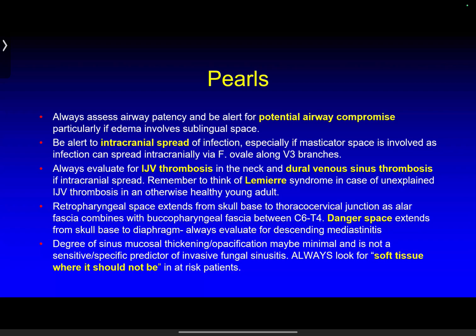The next question is, why do we use the term preseptal when it's not visible on imaging? Rather, can we use terms like preorbital or postorbital? So it is definitely visible on imaging. Preseptal implies that it is not intraorbital, and you definitely see stranding of fat and soft tissue thickening along the eyelids and anterior to the orbit.